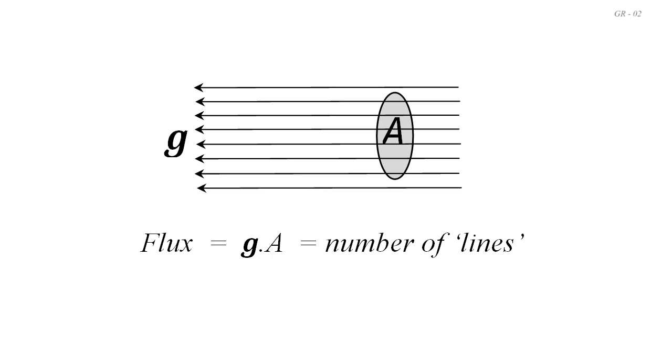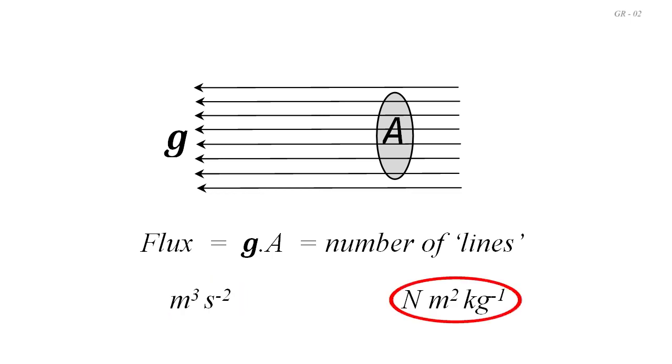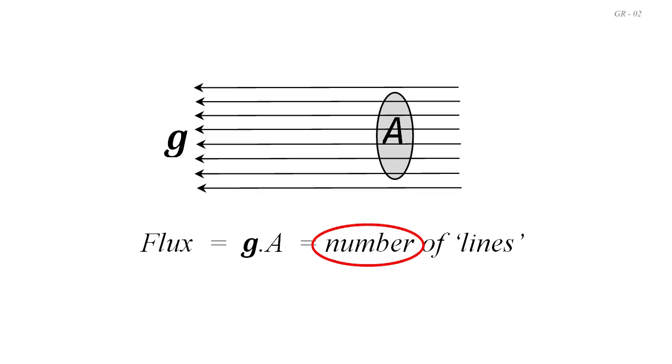The units of this gravitational flux come from the formula, must be metre cubed per second squared or newton metre squared per kilogram or whatever else you can turn these into, but we will probably just refer to them simply as a number, the number of lines of gravitational flux.